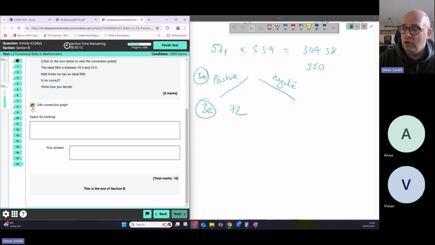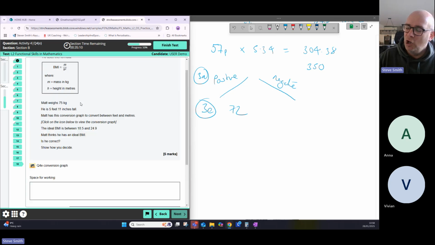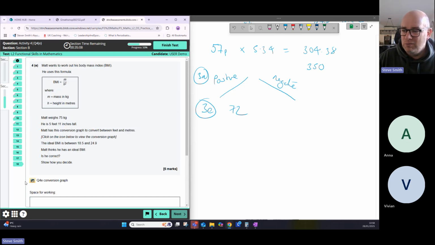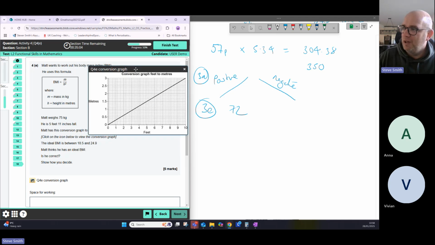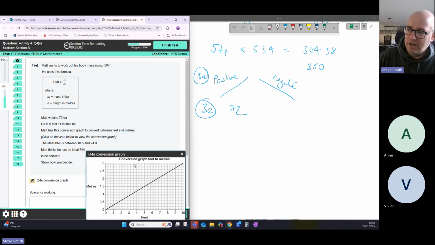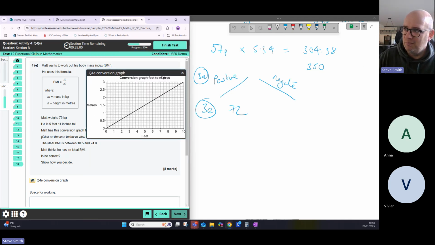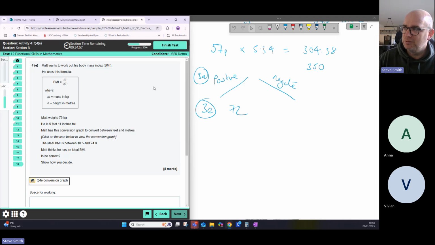We've got a conversion graph we've got to click on as well, so it's opening on another page. I don't know why they do that. I really don't. Why don't they just have that there or here so you can see it straight away? To have to open it on a different screen is just ludicrous. They just want to stress the students. That's why. It's mad. I don't get it.